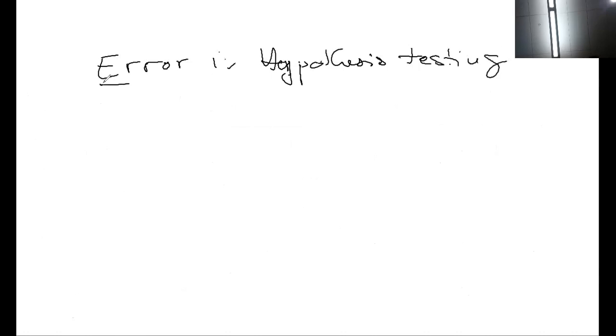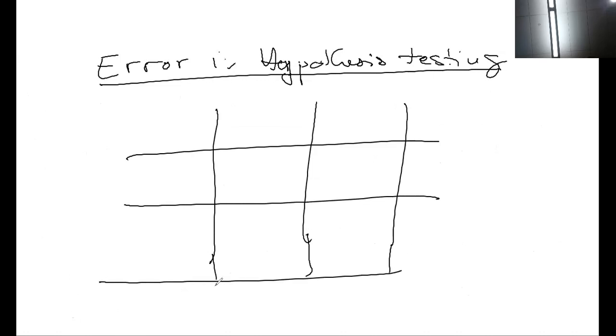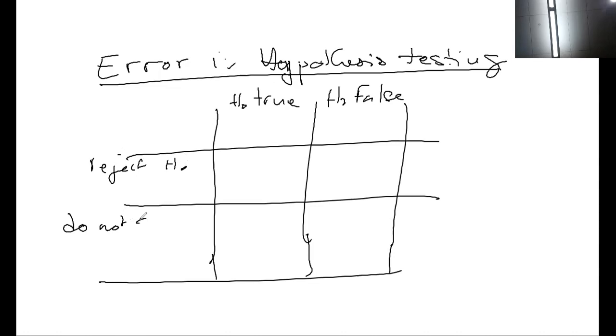And make a mistake. In life, we can always make a mistake. I want to divide these errors, I want to present it on a table. So we can assume that H0 is true. H0 is false. We can decide to reject H0. If we get into those tails, we reject H0, and do not reject H0.